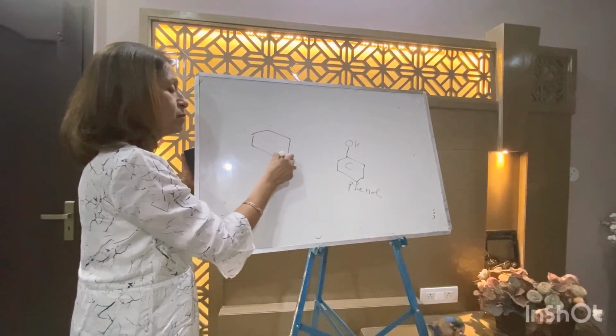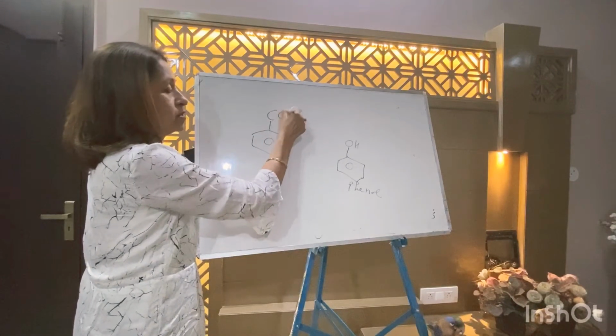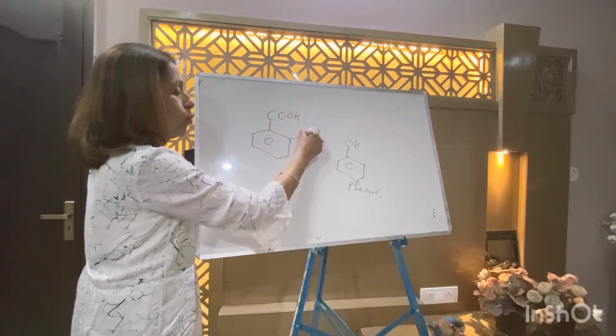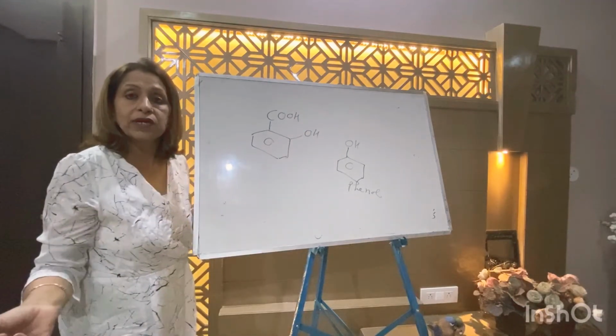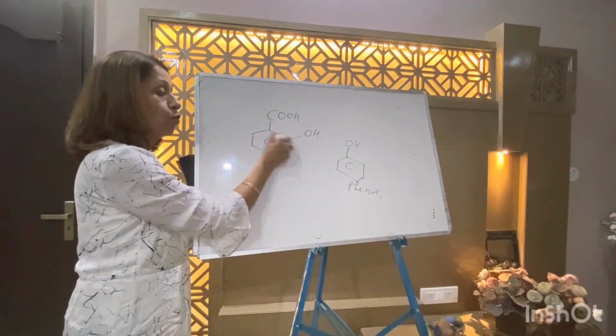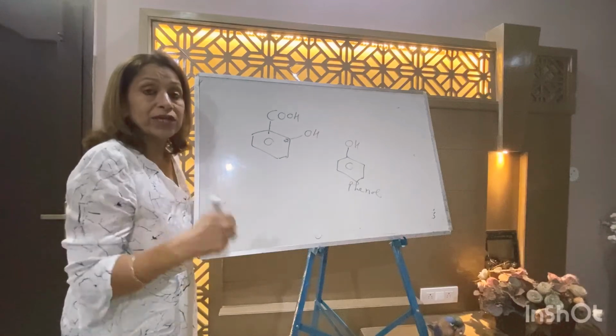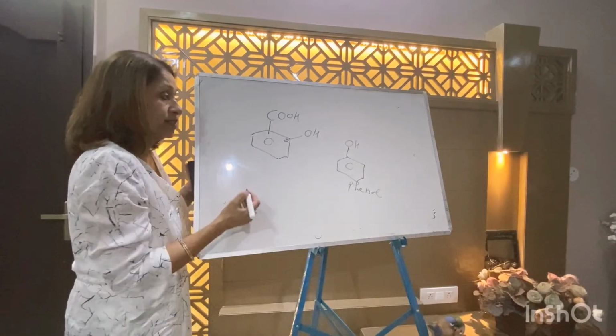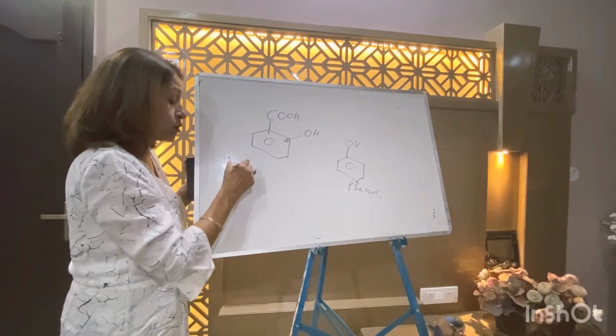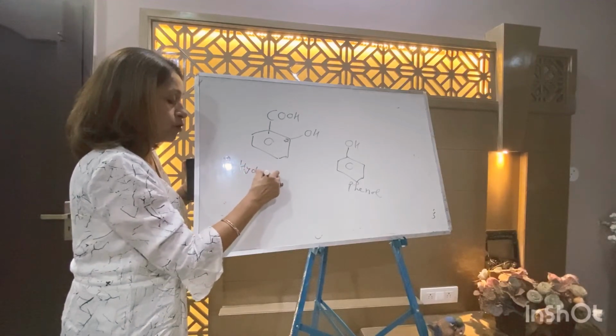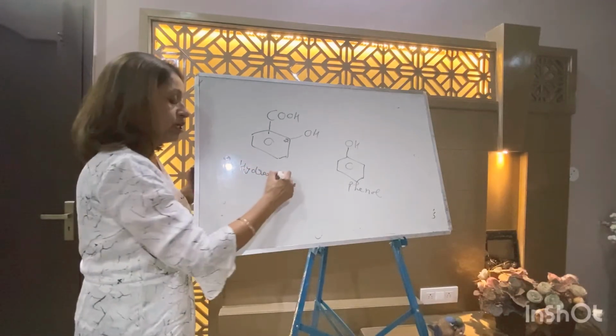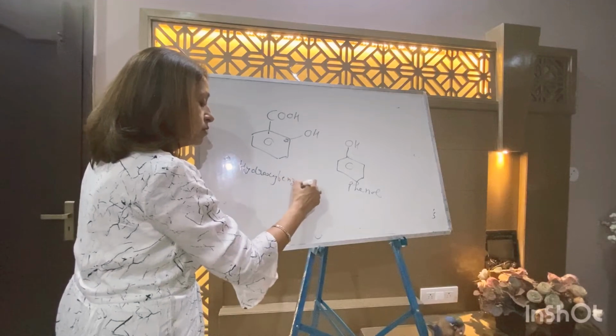Sometimes it is attached with a bigger group. That is the acid. Acid is a bigger group than OH. Acid and OH. Now OH will take number 2. 1, 2. When the OH is less preferred, it's called hydroxy. So it's a 2-hydroxy benzene carboxylic acid.